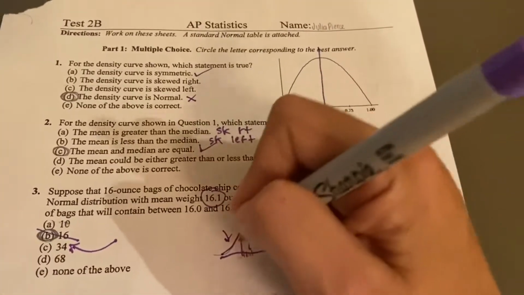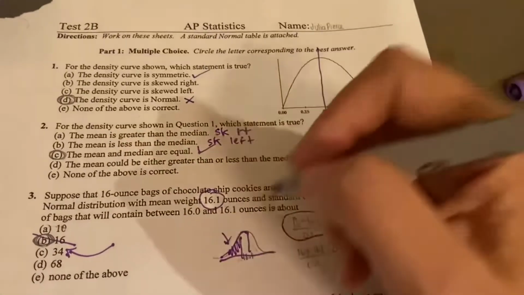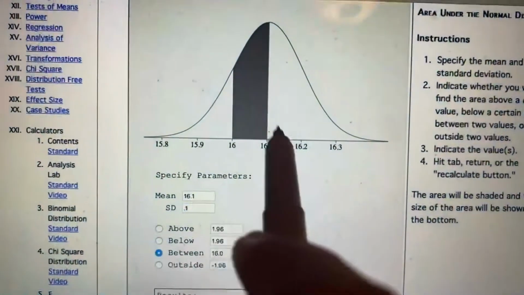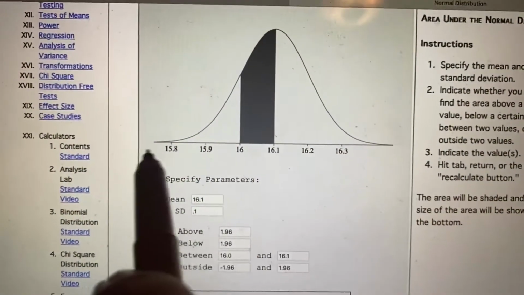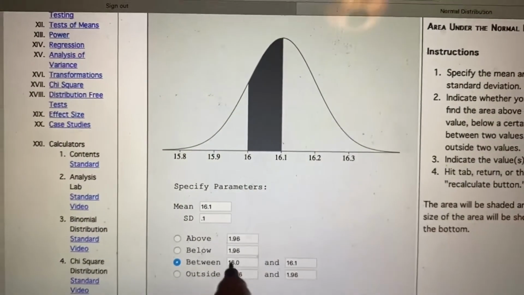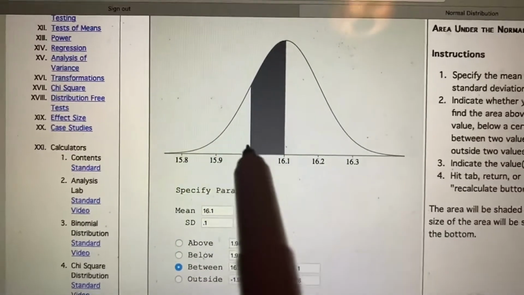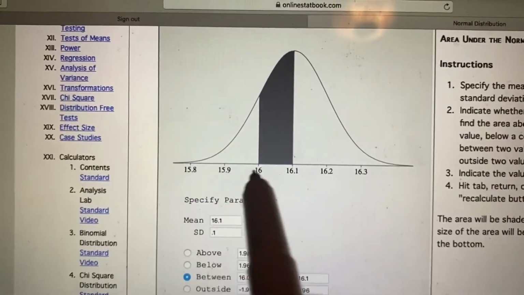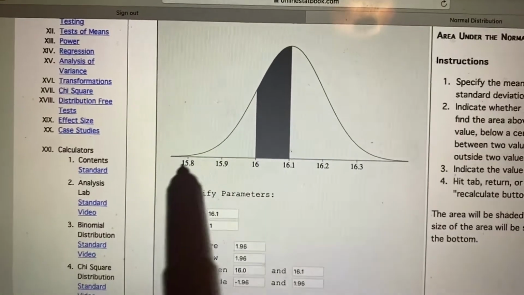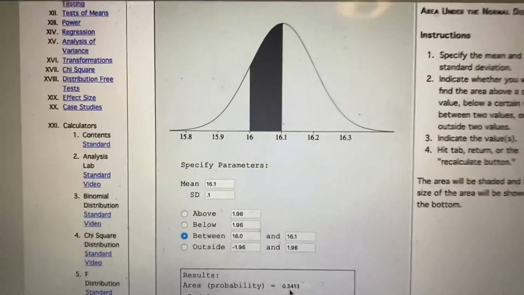So you'd find all the area there, and then subtract that off to find this area in between. Looking at this picture again, if you did it by hand, you'd find all of the area to the left of 16.1 using your formula for a z-score and looking in table A. Then you'd have to remember to subtract off this area to the left of 16 if you did it by hand.